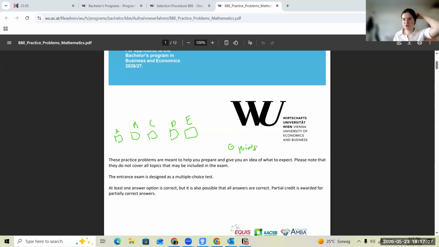And that's why also if you crossed all of them out, and some of them were right, let's say A and C were right, and you got plus 2 points and plus 2 points, but then you have minus, for example minus 2.